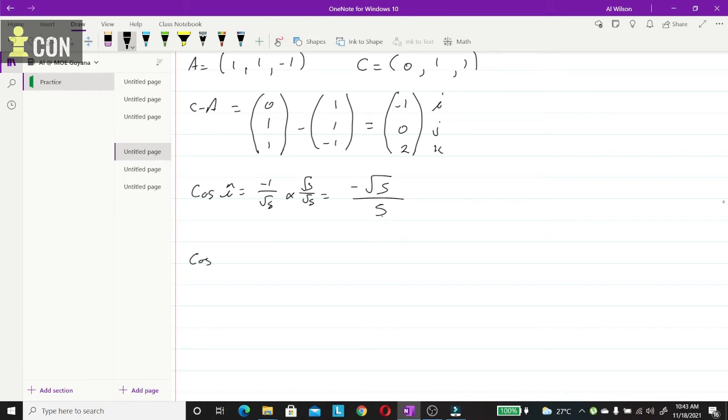Next is cos of J, and we are going to have 0 over root 5, which is going to be 0. And now cosine K is going to be 2 over root 5, times root 5 over root 5, giving me 2 root 5 over 5. So those are my 3 possible answers there.